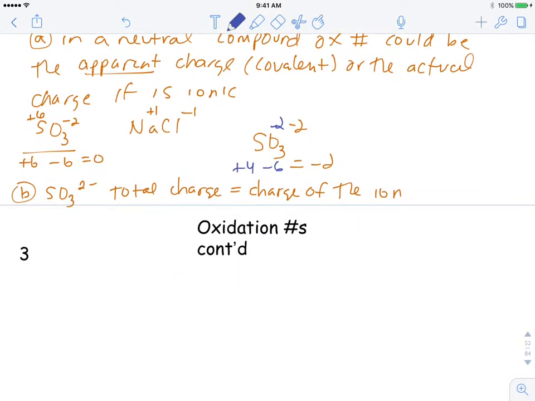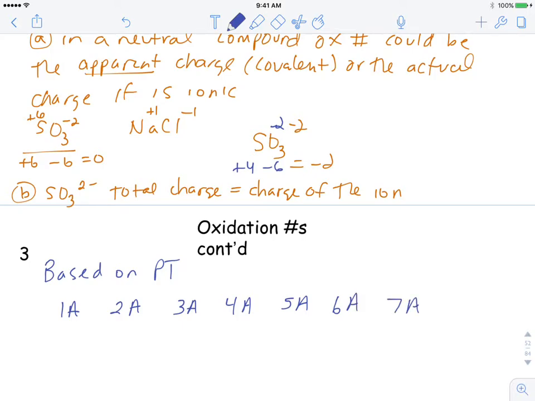What about general rules for elements in a compound? What if we were to base it on the periodic table? I don't know if you learned this last year, but you can go by group number. If you're in group 1A or group 1, 2A or group 2, 3A, which is group 13, 4A, group 14, 5A, 15, 6A, 16, 7A, 17, then your charges can range.